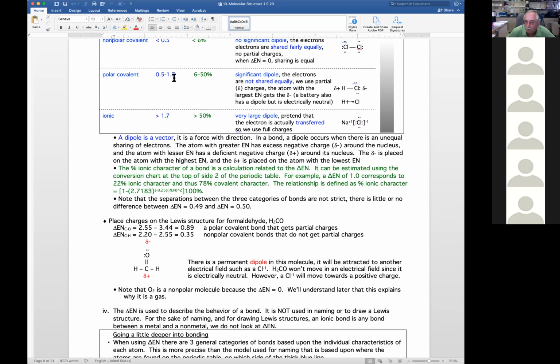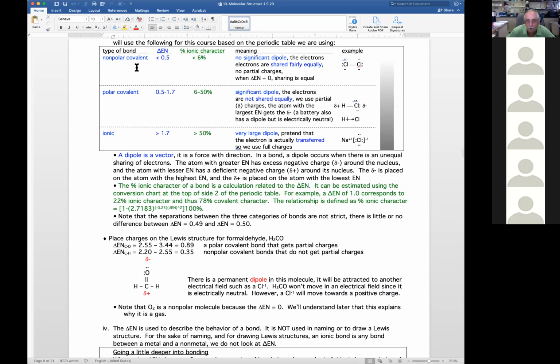So I do have to put partial charges on it. So the oxygen is the most electronegative, it gets the partial negative. That carbon therefore gets the partial positive. What about between carbon and hydrogen? That's only 0.35. Oh, that's in this category, nonpolar. What do I do? Nothing.